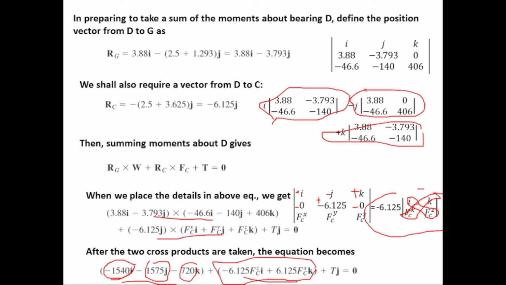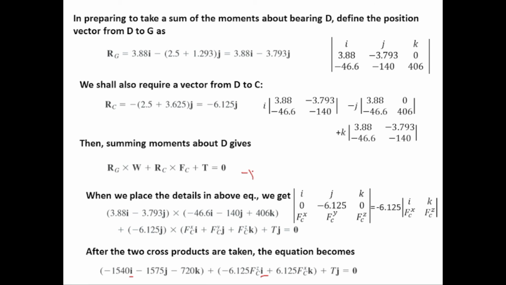Now take I component equals to 0, that is minus 1540 minus 6.125 into FCZ. Move this term to the other side and divide by 6.125 on both sides. We will get FCZ equals to 1540 divided by minus 6.125. Now compare j component. So T equals to 1575.